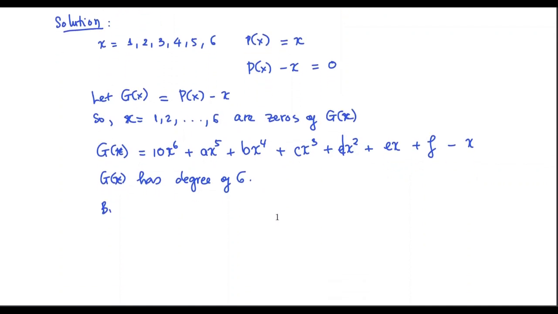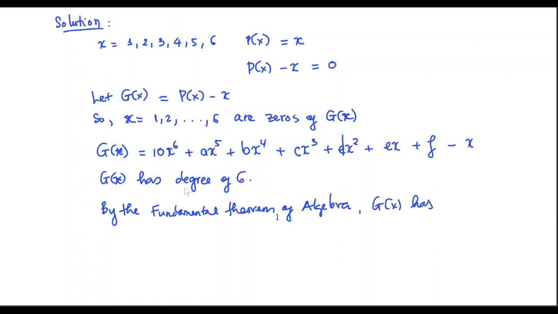By the fundamental theorem of algebra, if a polynomial has degree n, it has at most n zeros. Now g of x has degree 6, so g of x has exactly 6 zeros, which are 1, 2, 3, 4, 5, 6.